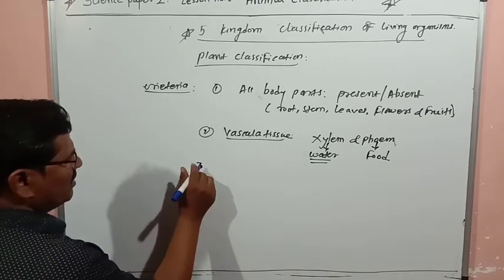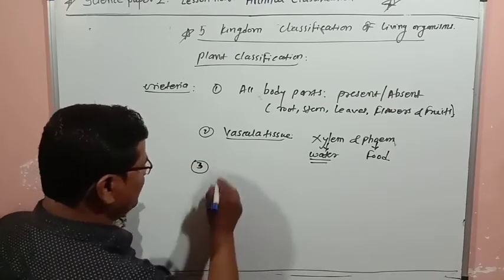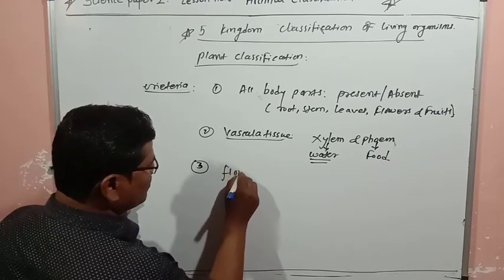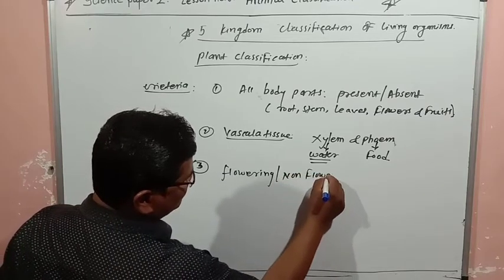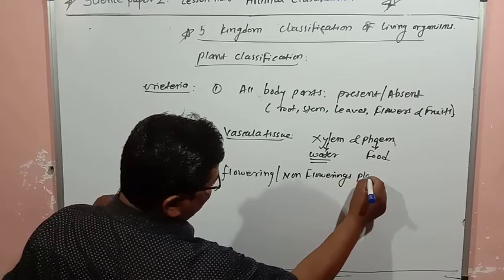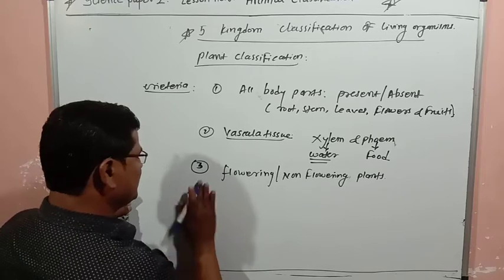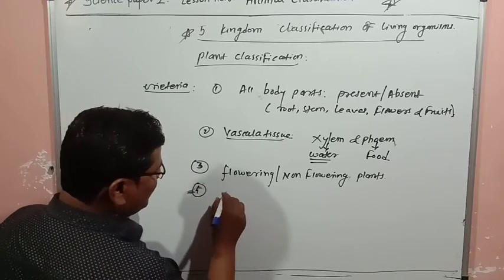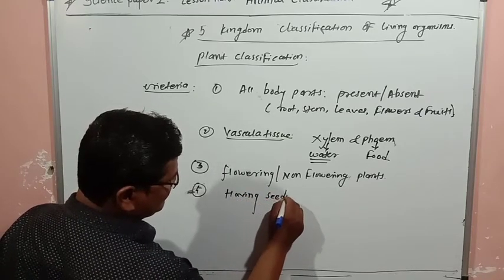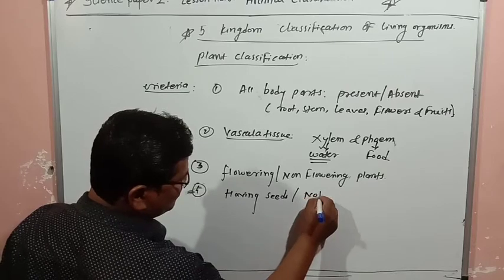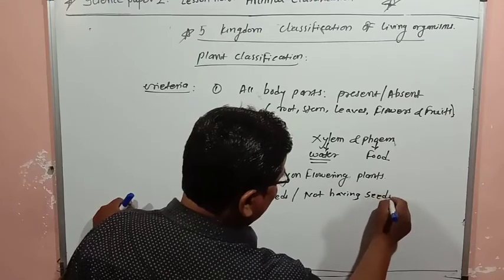Then the third point: in plant classification, either they are flowering or non-flowering plants. The fourth one: either they are bearing seeds or not having seeds.